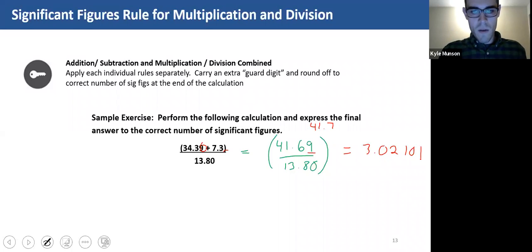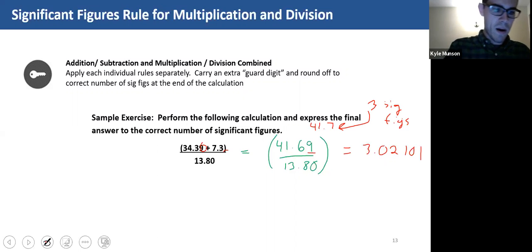Okay, so how many significant figures can this answer have? Well, remember, this number on the top, properly expressed, has 3 significant figures. Sorry, my pen there is acting up quite a bit.